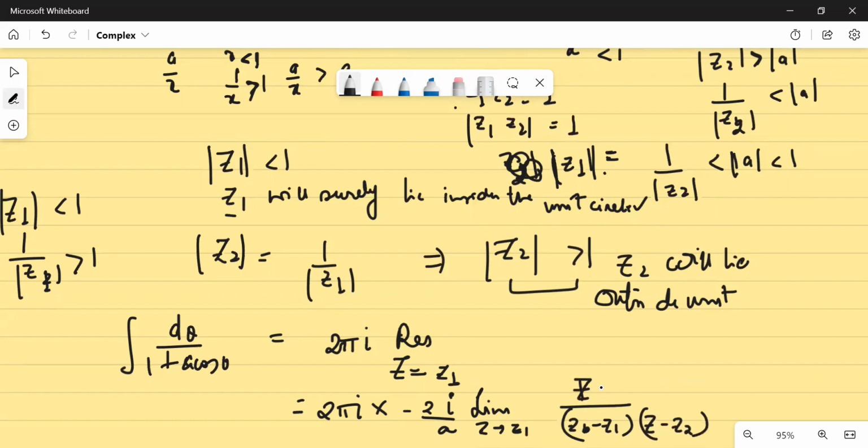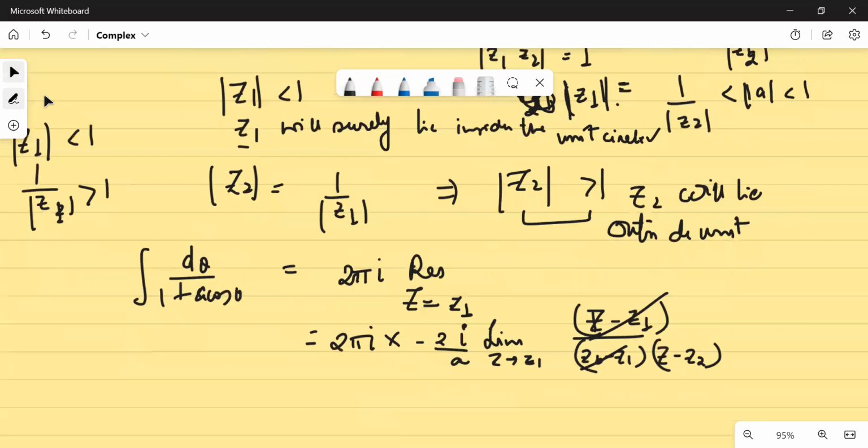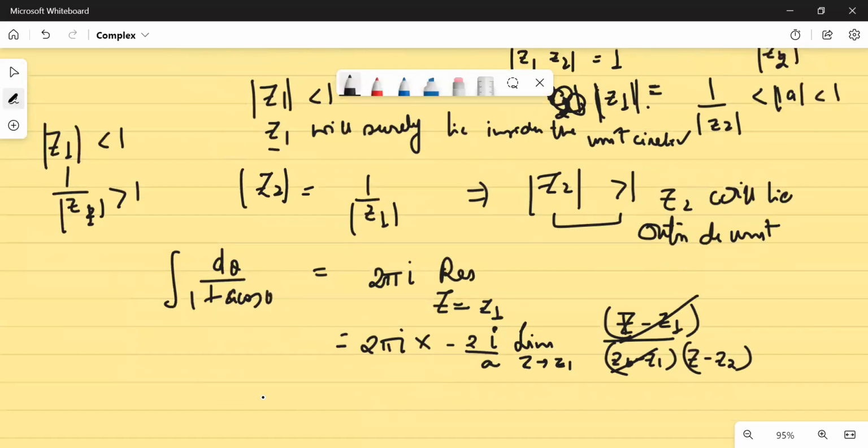Again z, I think, minus z1. Is that clear? That gets cancelled. So after all, इन सब के बाद you are left with only one thing, that is 2 से 2 तो 4, iota से iota, iota का square, this is 4 pi upon a, this will be equals to 1 upon z1 minus z2. Is that clear?